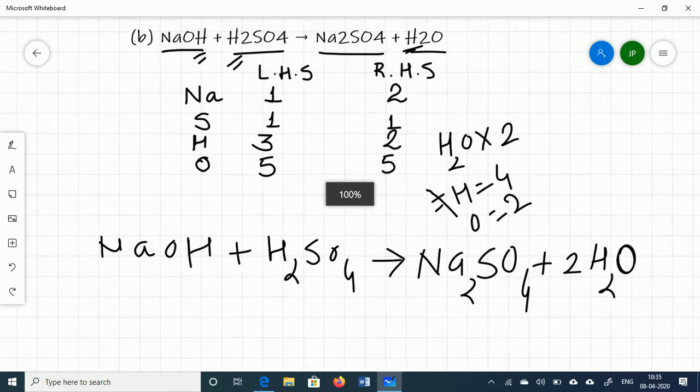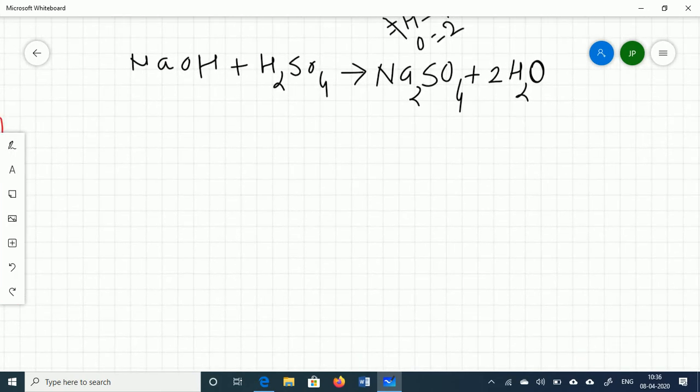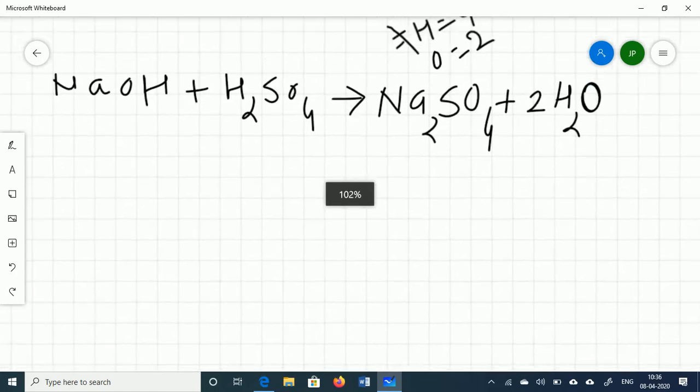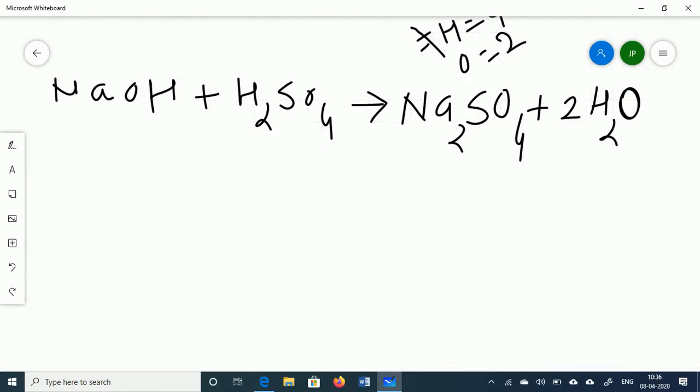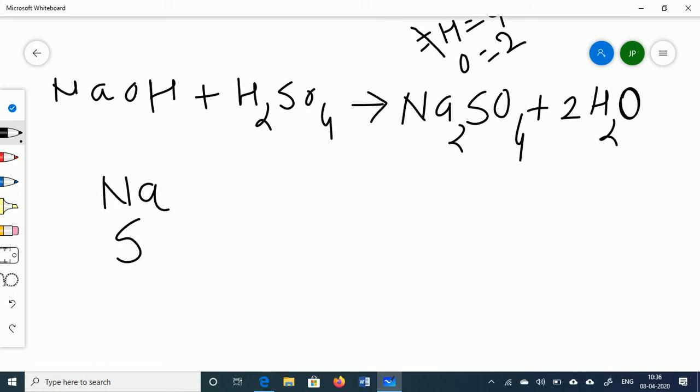Now in this modified equation, again we will calculate the number of elements for sodium, sulfur, hydrogen and oxygen, right?